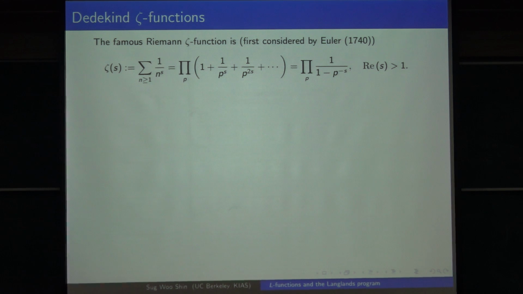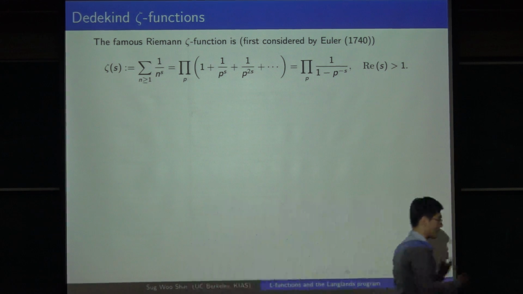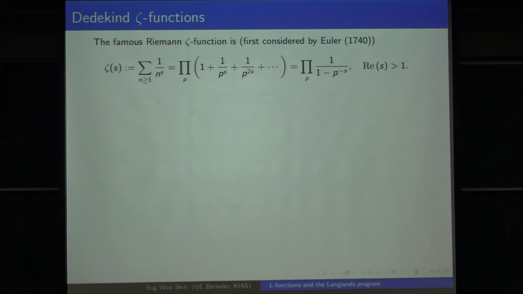Does it converge, right? That's the first thing you learn in a first course in analysis. Here I allow s to be not only a real number but a complex number. As long as the real part of s is greater than 1, you can show that it converges absolutely. And actually it converges to a holomorphic function. With a little bit of complex analysis, you can show that.